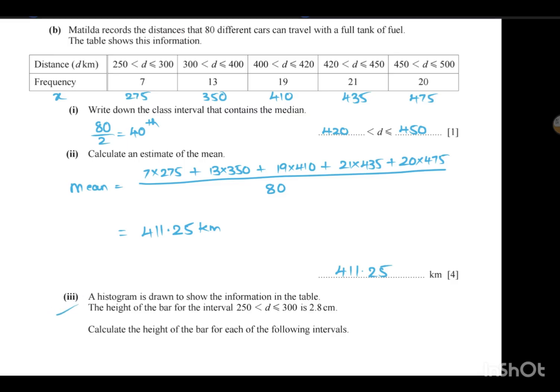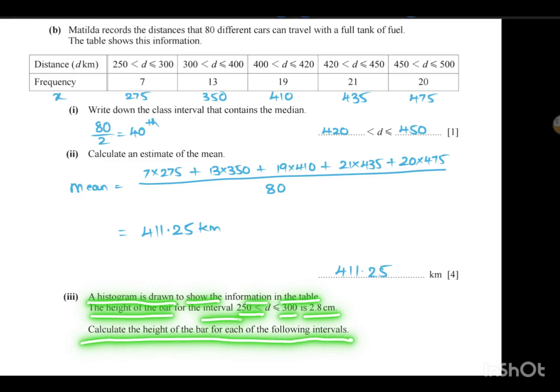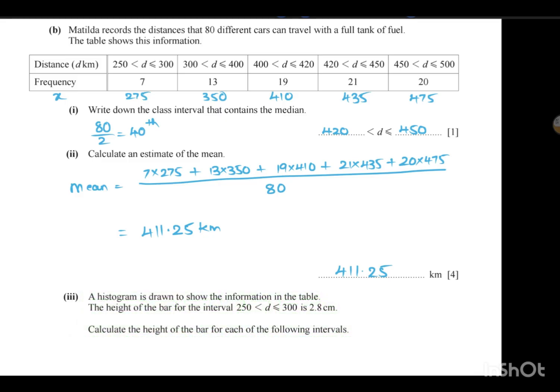Now 3. Question number B3. A histogram is drawn to show the information in the table. The height of the bar for the interval 250 to 300 is 2.8. Calculate the height of the bar for each of the following intervals. So first of all, let us find out the frequency density of the first class.